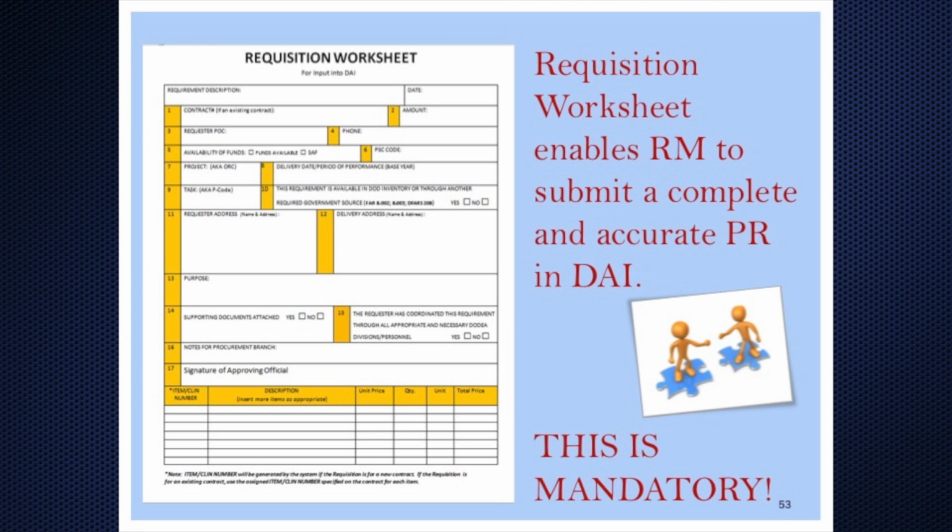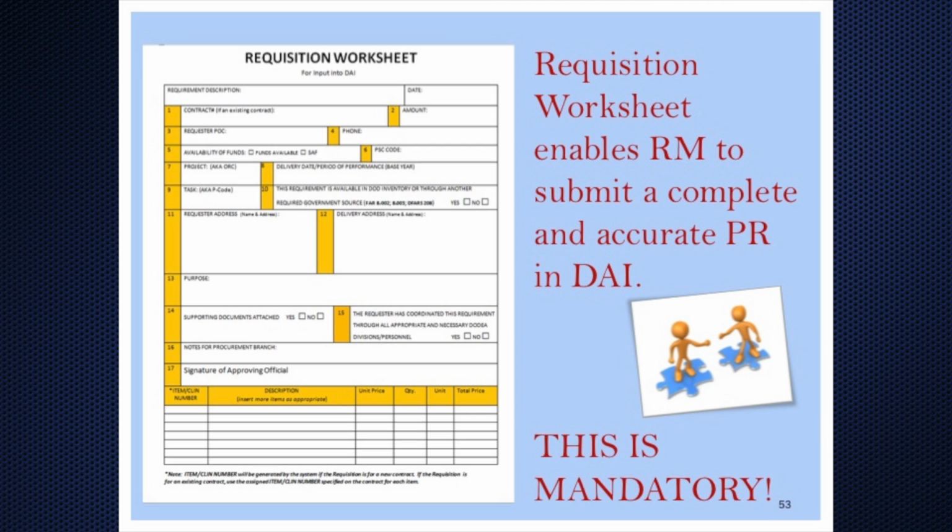So this helps RM. But another big reason why we want you to submit this is so that procurement has the necessary information they need. This is basically like a cover sheet. It's a summary. It has all of the pertinent information that enables the contract specialist or resource management to know exactly what you are asking for.